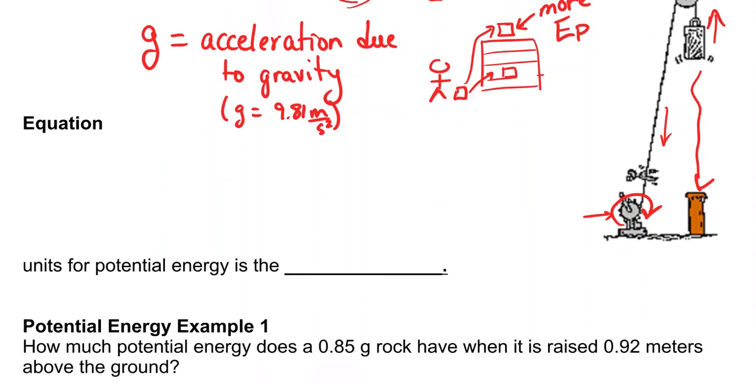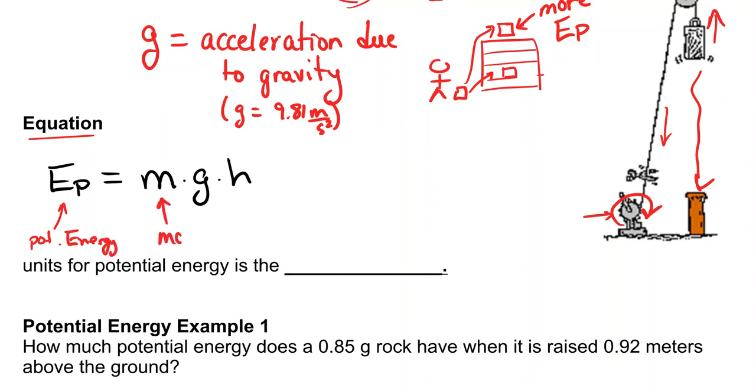Now, there's an equation that we can use in order to calculate the potential energy of an object. The equation that we're going to use is EP, remember that's potential energy, is mgh. And what that means: EP is the potential energy.